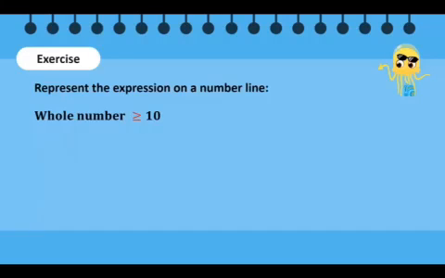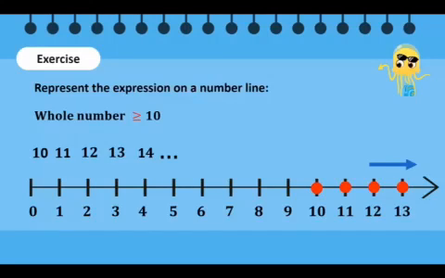How about this one? Whole numbers that are greater than or equal to 10. Remember, we're going to include 10, so we start from 10 and we go onwards. So that's 10, 11, 12, 13, 14.